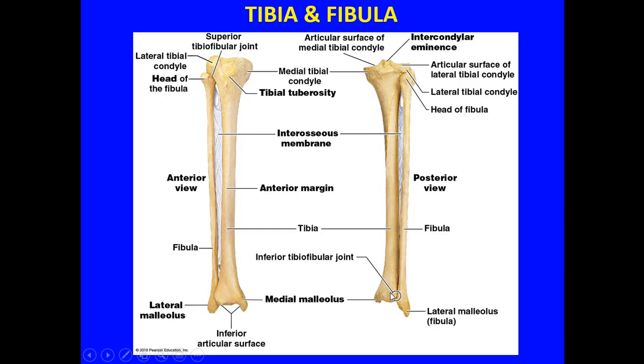You've got basically two joints. You've got the superior tibiofibular joint right here, the inferior tibiofibular joint right there. Okay, and again, interosseous membrane between tibia and fibula. Then we have the lateral malleolus of the fibula.